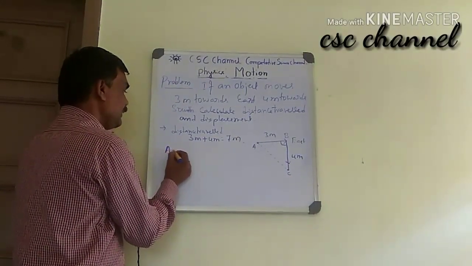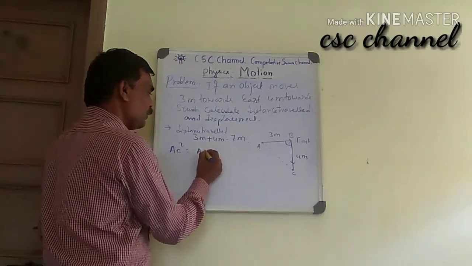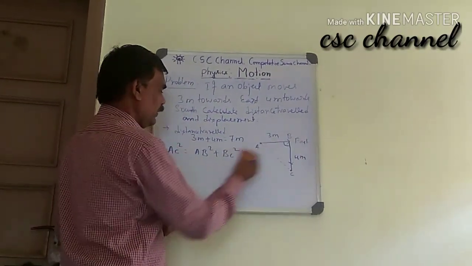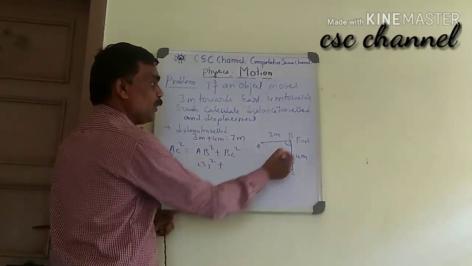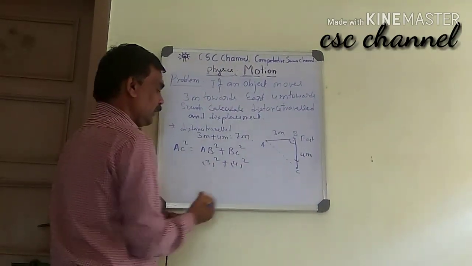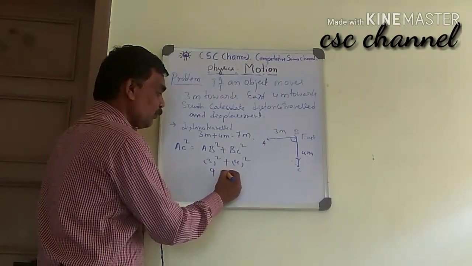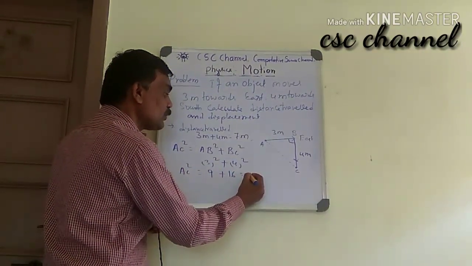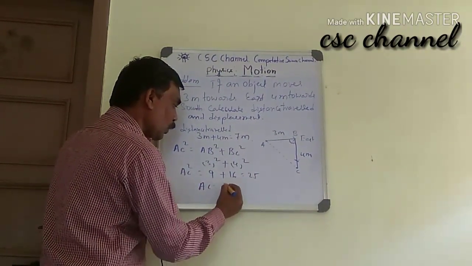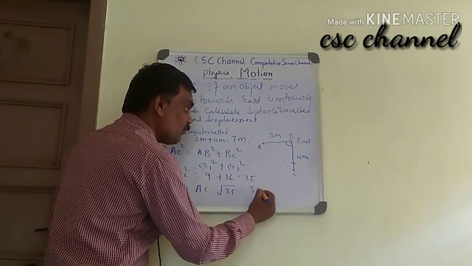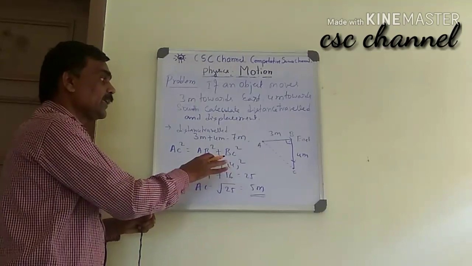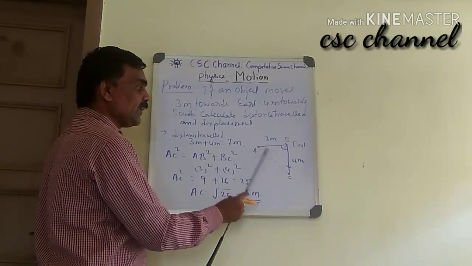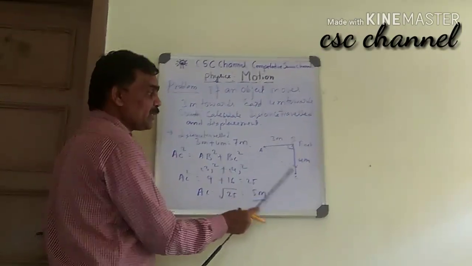So, AC square is equal to AB square plus BC square. AB square means 3 square plus BC square means 4 square. 3 square is 9 plus 4 square is 16. That means AC square is 25. AC is equal to root of 25, that is nothing but 5 meter. So, the least difference, the hypotenuse, is 5 meter.